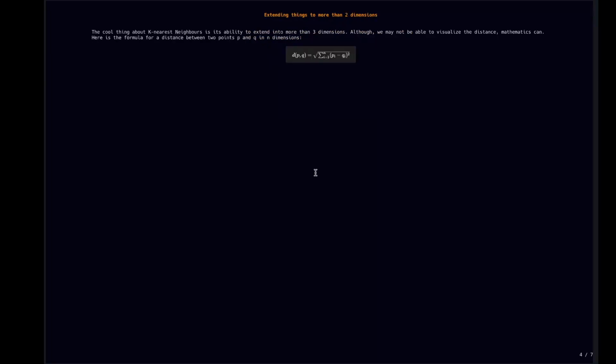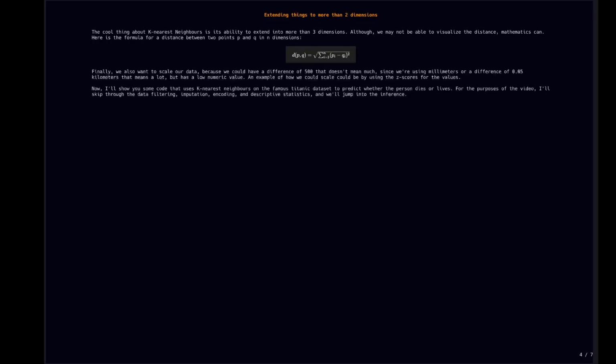So we can use this equation to find out the distance between 2 points. And really, this formula is very easy to calculate. It's just the difference of squares, and then you square root that. Which makes KNN a very easy algorithm to implement, and it's what makes it one of the first machine learning algorithms to be discovered.